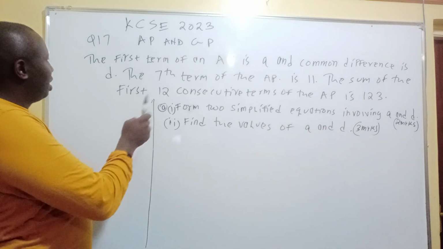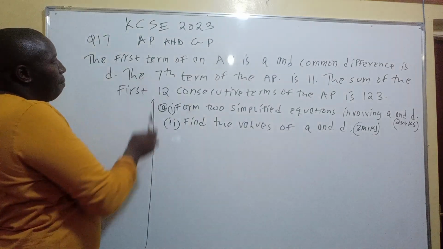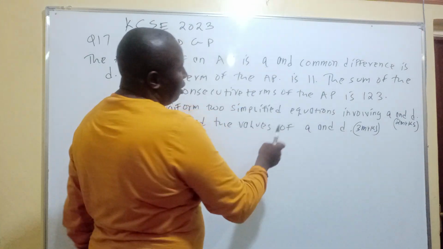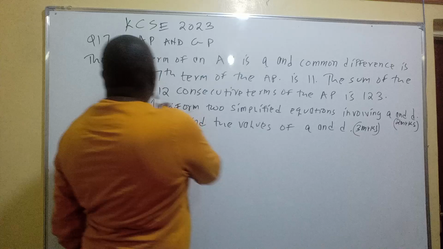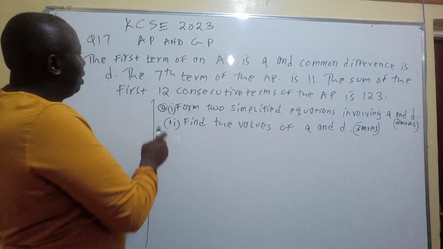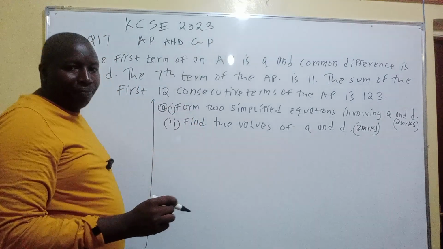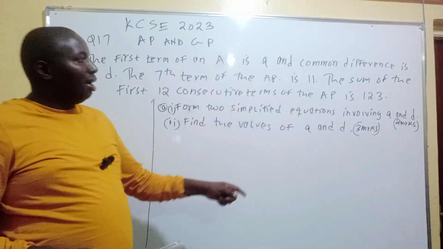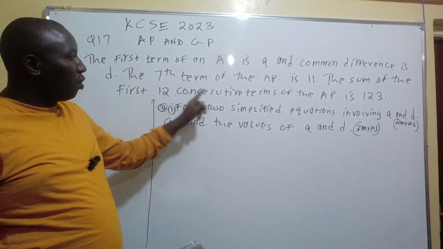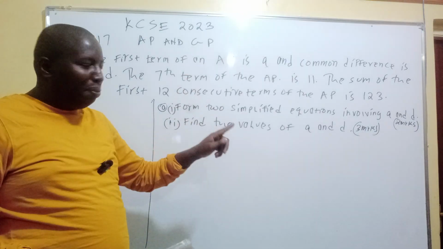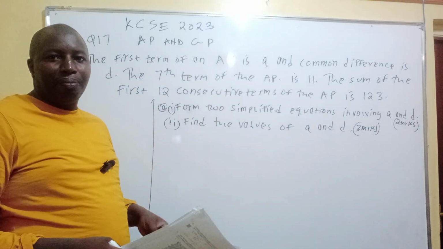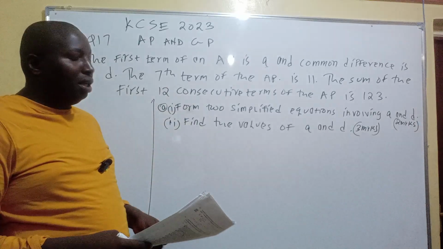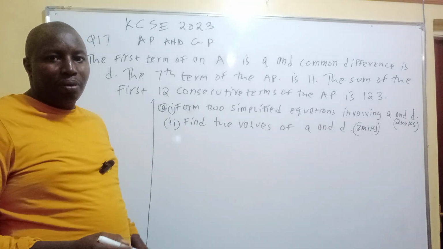The question reads like this: the first term of the AP is A, and the common difference is D. The second term of the AP is 11. The sum of the first 12 consecutive terms of the AP is 123.